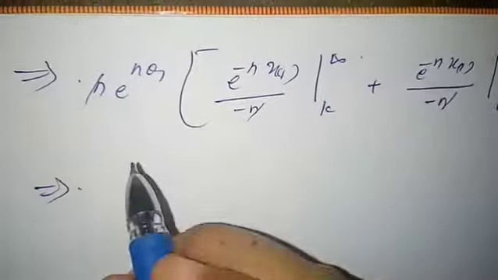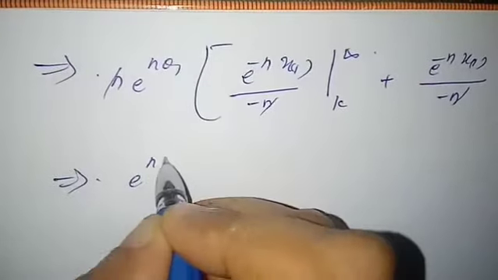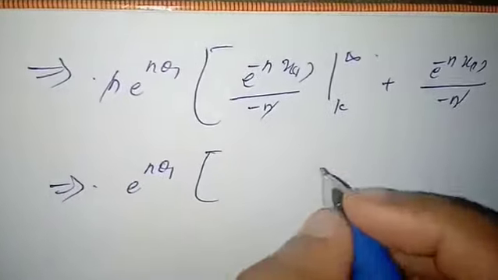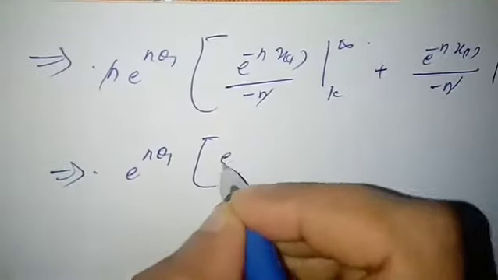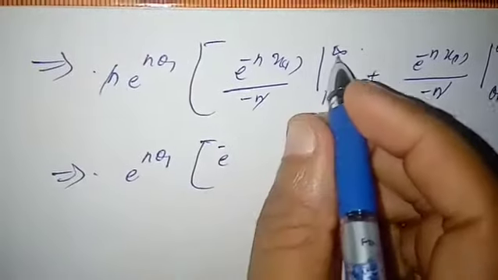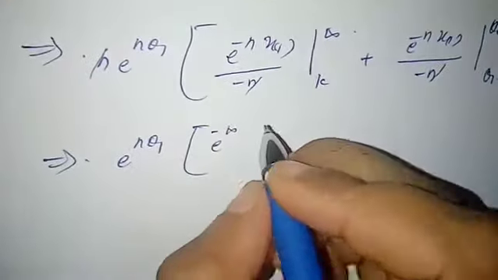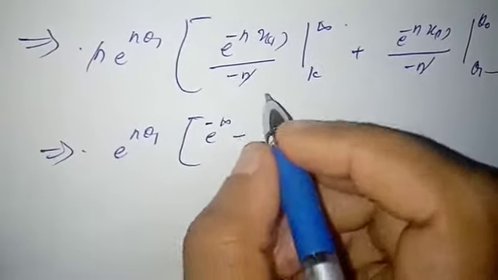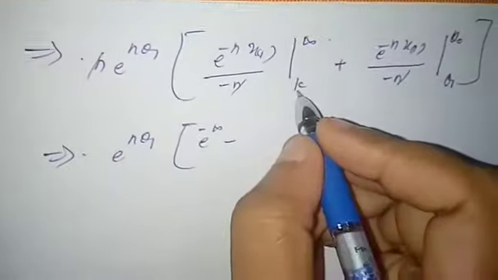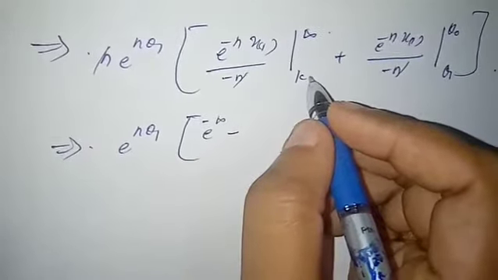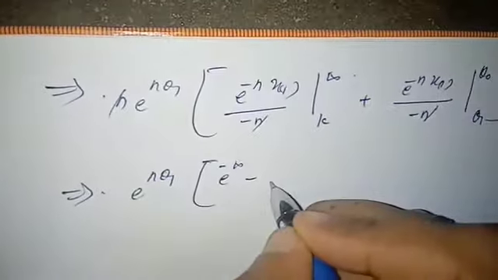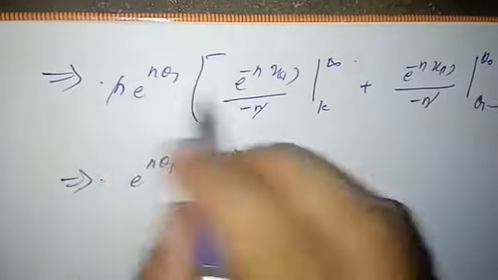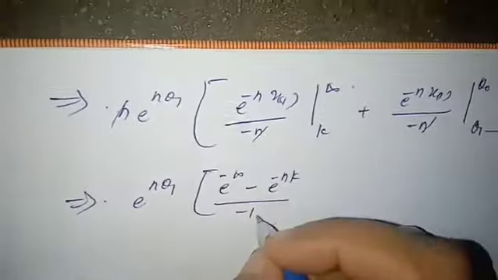Then remaining e power n theta 1. Here we will substitute the values: e power minus n into infinity, that is zero, then minus this term, e power minus n k divided by minus 1, here n got cancelled, then remaining minus 1.